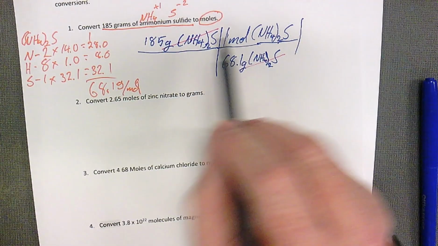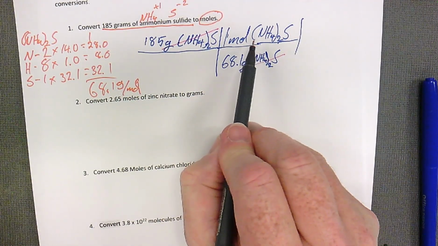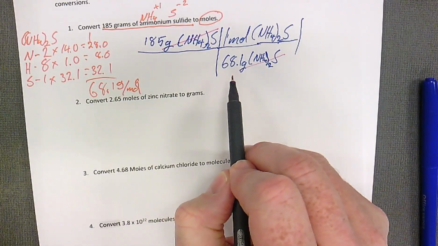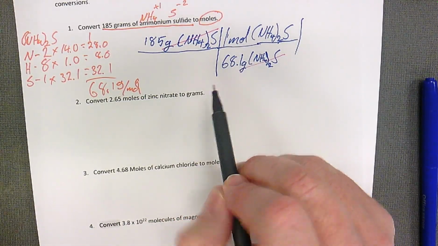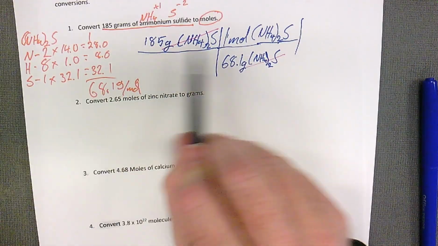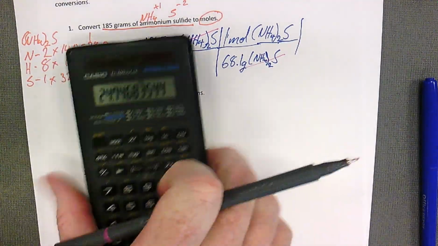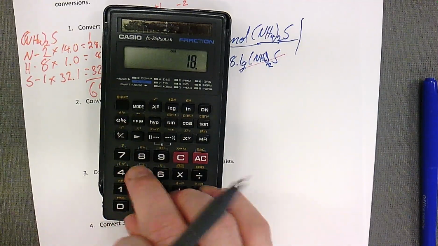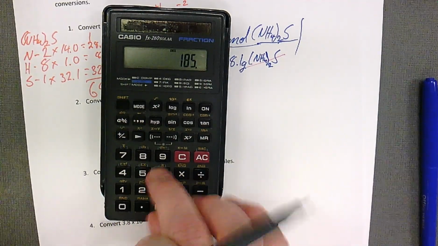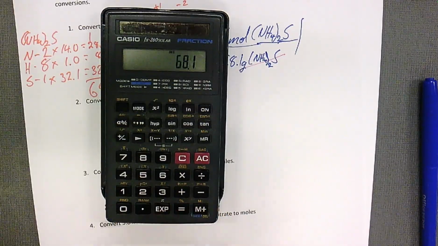So now I do the math. I multiply everything on the top. If there was more than one thing, I'd multiply it on the bottom and take the top answer divided by the bottom answer. So I'm going to take 185 times 1. What's that going to equal? 185. We can do that one in our head. And then we're going to go 185 divided by 68.1.